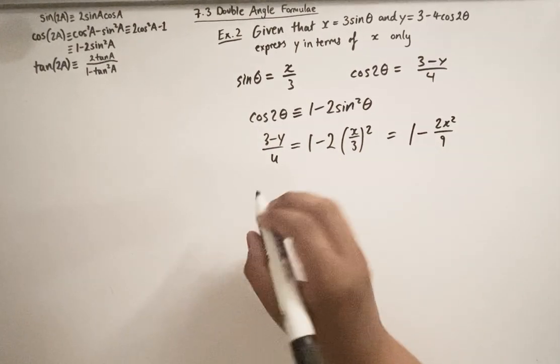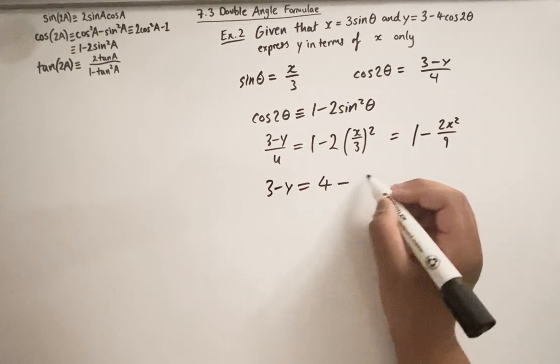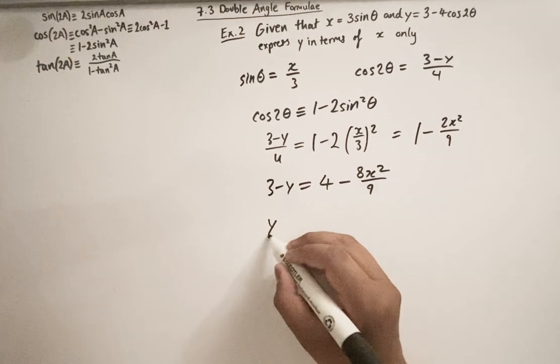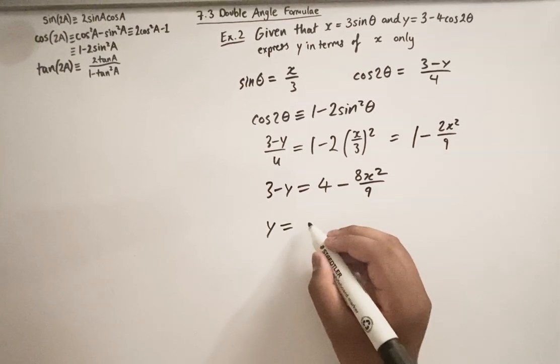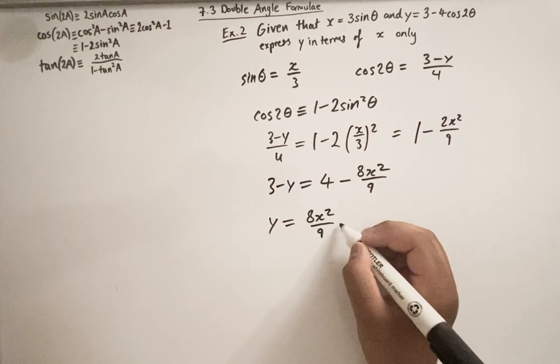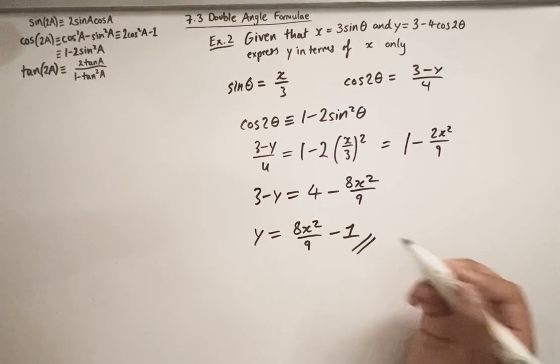Multiplying by 4, we get 3 minus y is equal to 4 minus 8x squared over 9. And rearranging, we get y is equal to 8x squared over 9 minus 1. And that is about it.